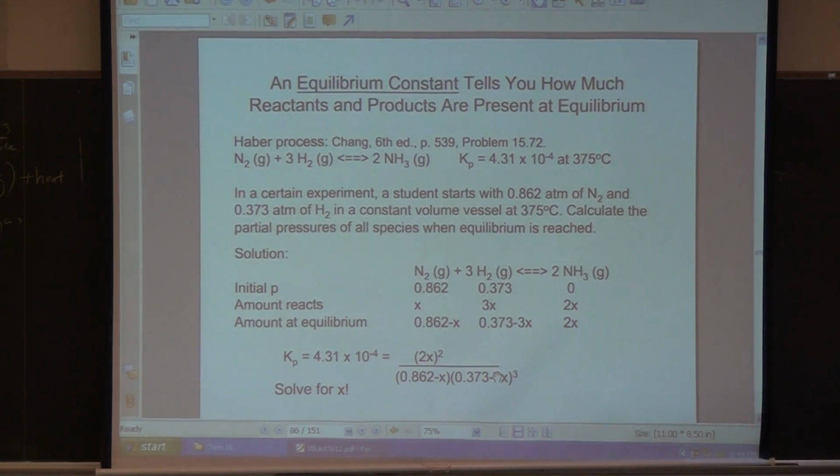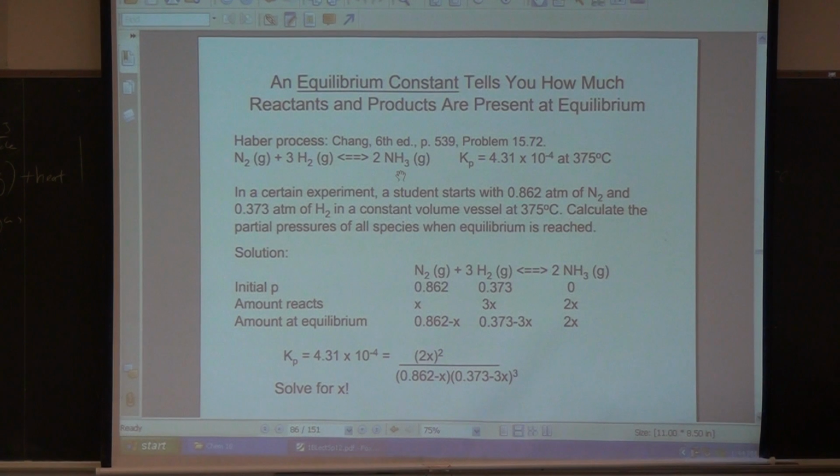Now, what we can do is make some assumptions here. Note that this equilibrium constant, 4.31 times 10 to the minus 4, is small. So based on this numerical value, are we going to see more reactants present or more products present? Yeah, we're going to see more reactants. Now, based on the value, will we see a lot more reactants present or just a little bit more reactants present?